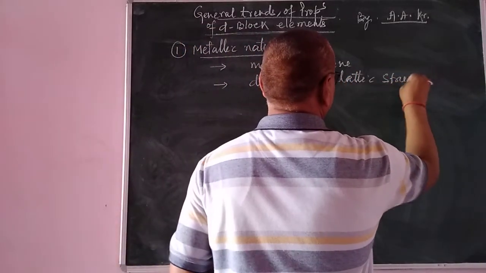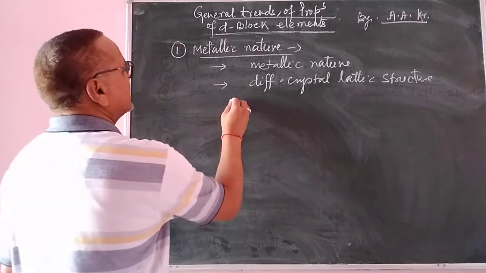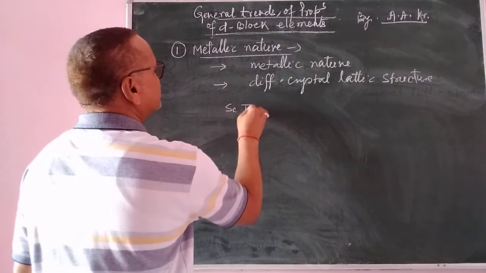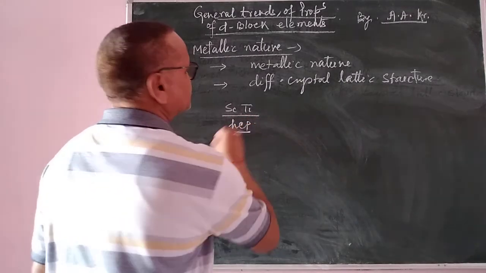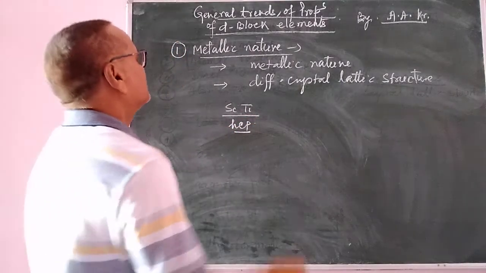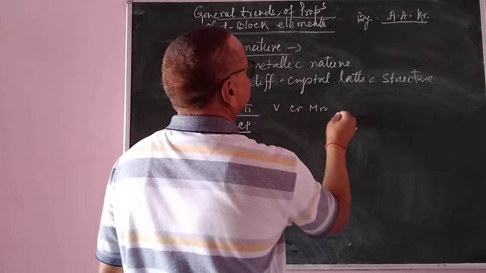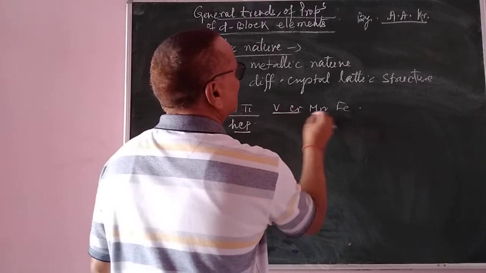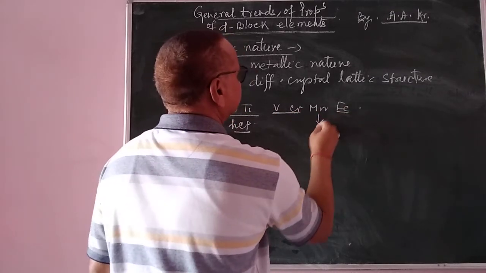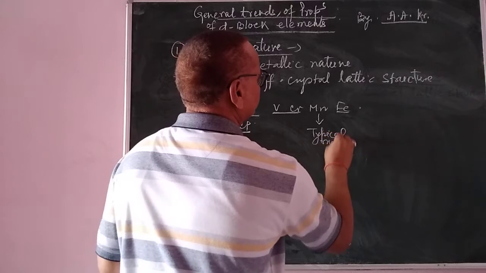Scandium and titanium show hexagonal close packing structure. Vanadium, chromium, manganese, iron, these are typical metals.